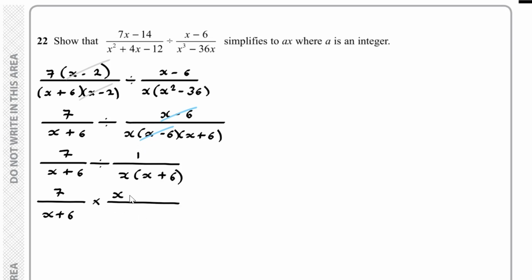So here we've got x lots of x plus 6 over 1, and here you can hopefully see that the x plus 6 is cancelled on the top and the bottom, so we have 7x. So therefore a is equal to 7 because we divide by 1.